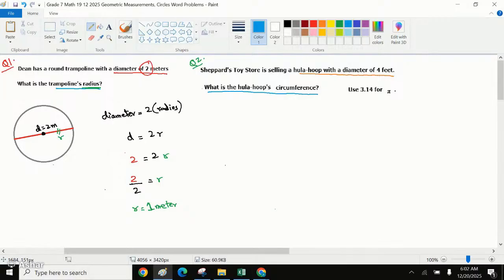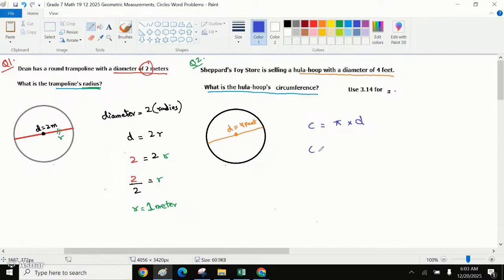If we have a circle, the diameter is the line passing through the center. The diameter was 4 feet, and we need to find the circumference. The formula for the circumference is pi multiplied by the diameter.